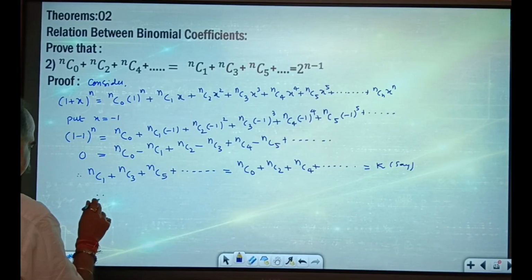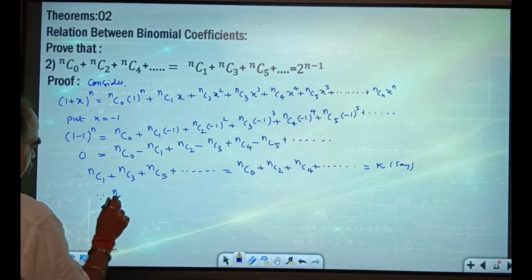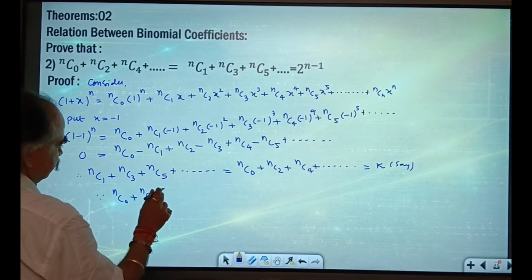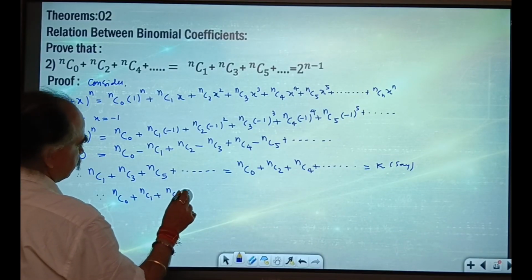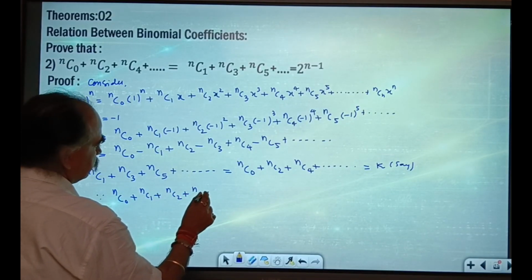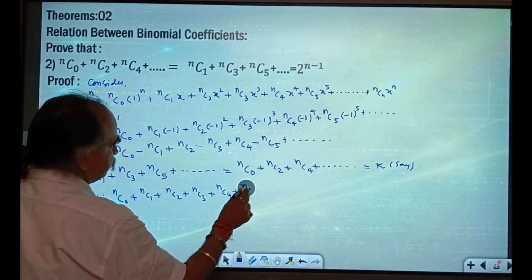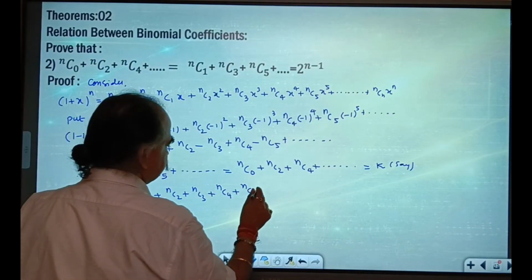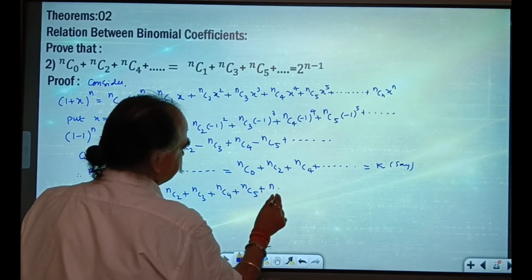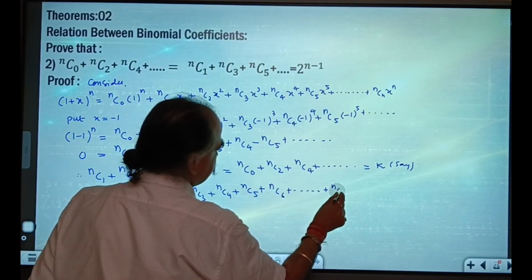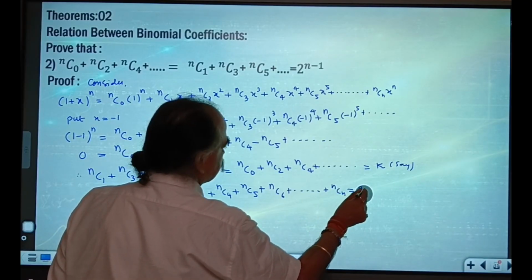Since in the previous theorem we have proved nC0 plus nC1 plus nC2 plus nC3 plus nC4 plus nC5 plus nC6 plus nCn, it was 2 raised to n.